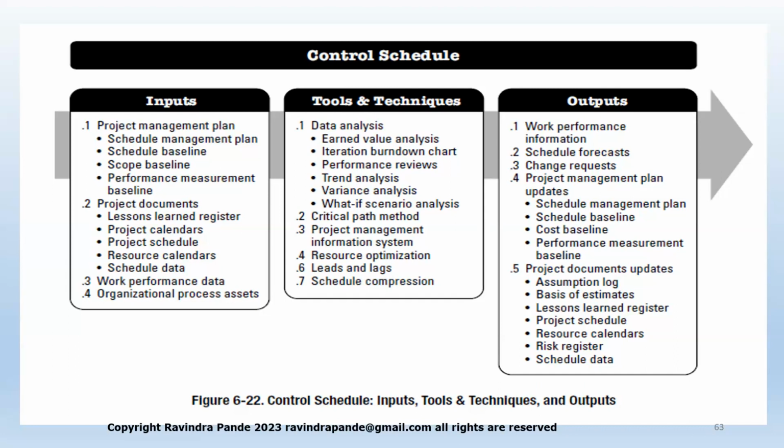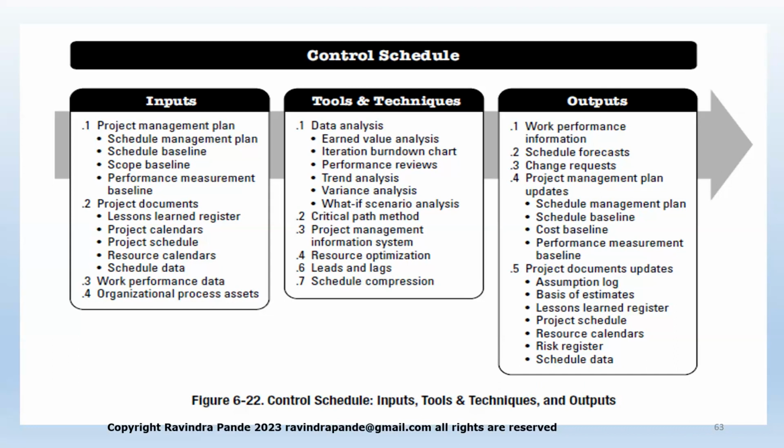Then the project documents to be updated are the assumption log for any additional assumptions, basis of estimates, are we complying to the same estimation thought process which we have accepted, and the lessons learned, whatever we learn in terms of similar projects we did earlier, or if you have done anything better than the earlier versions, please do share with the organizational best practices.